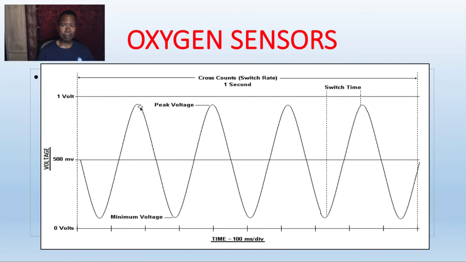A rich air-fuel mixture signal goes back to the PCM, meaning a higher voltage above 450 millivolts. And now the PCM's job is to drive back lean again, back down below this threshold. And the cycle repeats itself. That's why they call it closed loop. It tries to balance the air-fuel mixture based off the O2 sensor content and signal to the PCM.